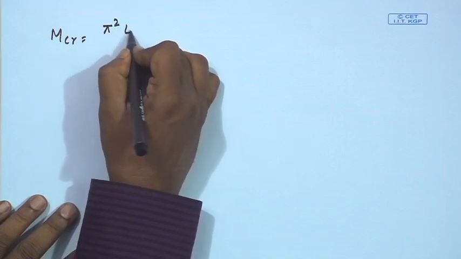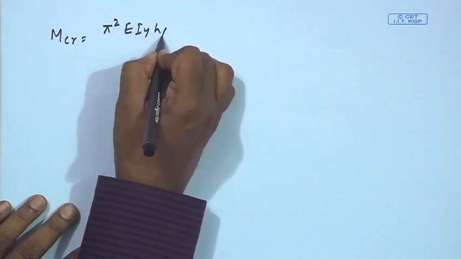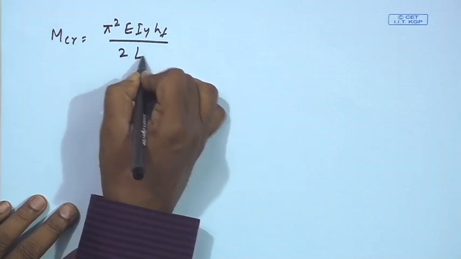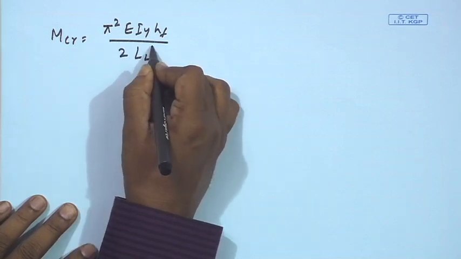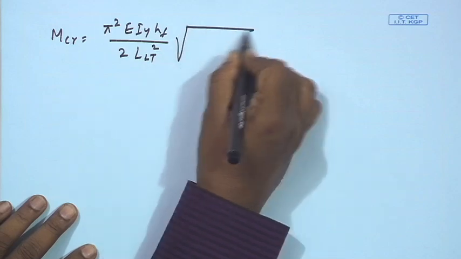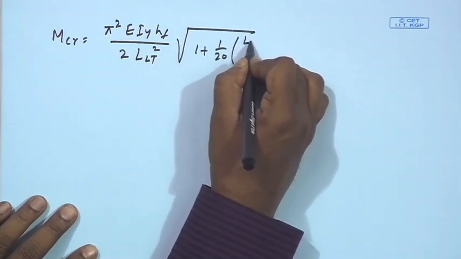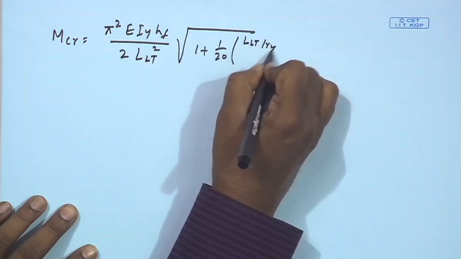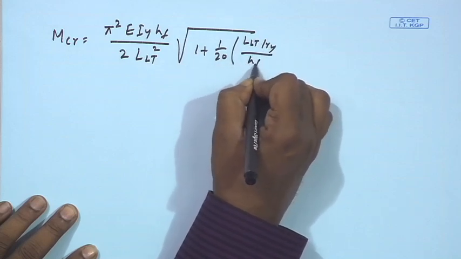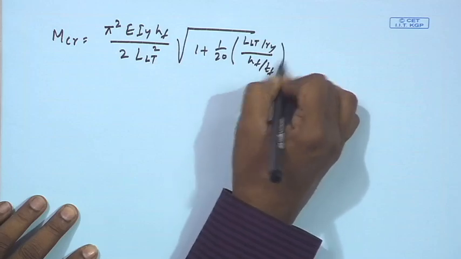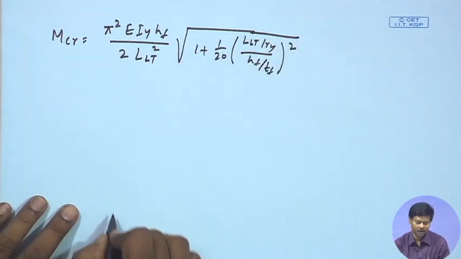that is pi square EIY HF by 2 LT square into 1 plus 1 by 20 LLT by RY by HF by TF whole square, right.